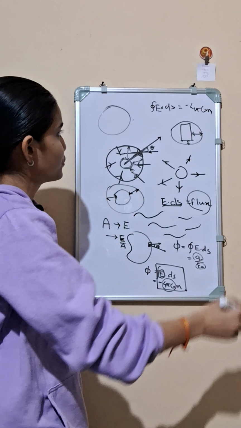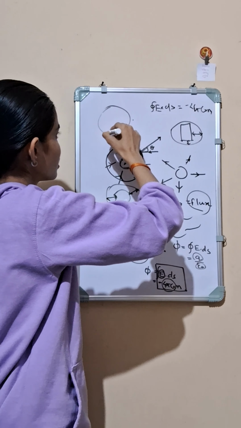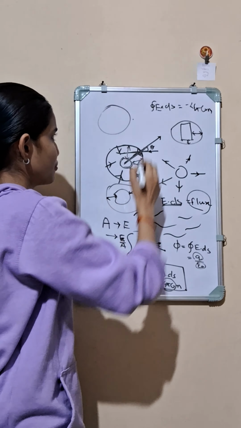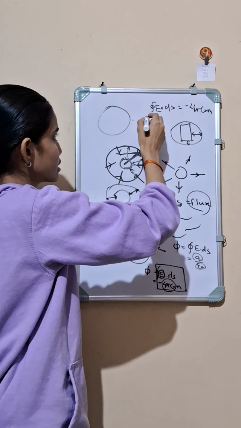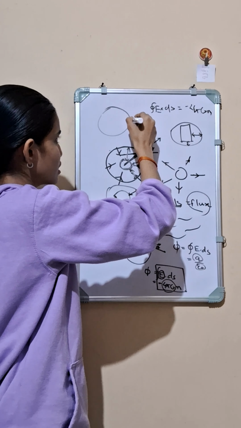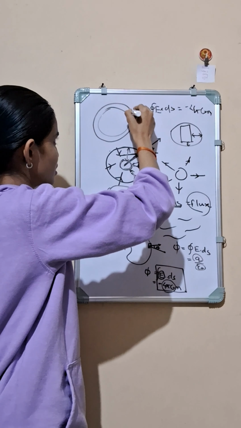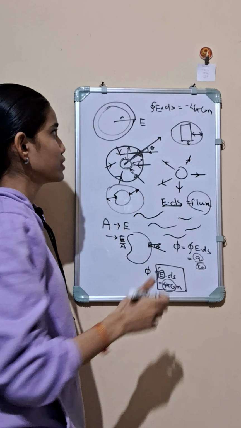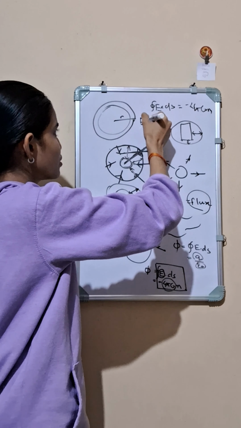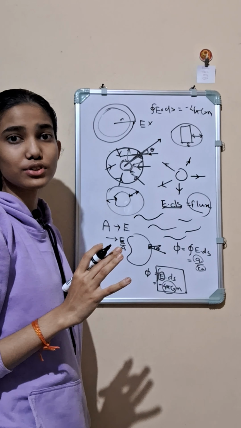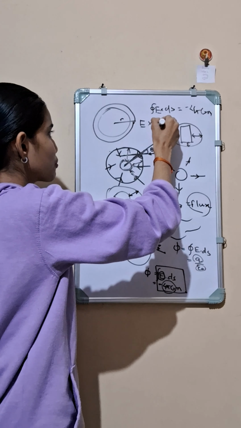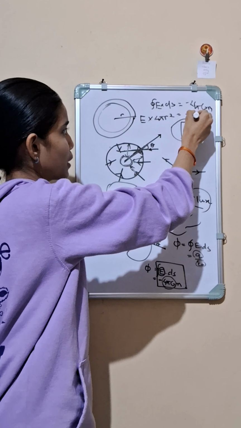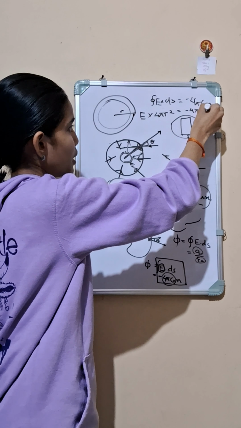Here we know that the mass is M, let us suppose capital M. I am taking a Gaussian surface here at a distance small r from the center of the solid sphere. Then E into the surface area of the Gaussian surface, which is 4 pi small r square, is equal to minus 4 pi G into capital M.